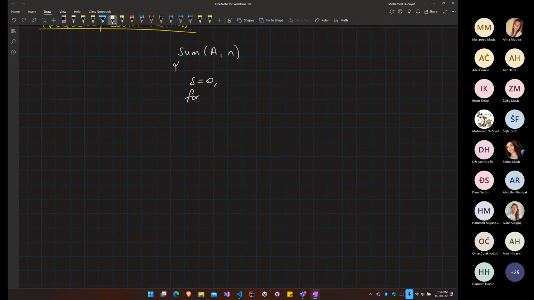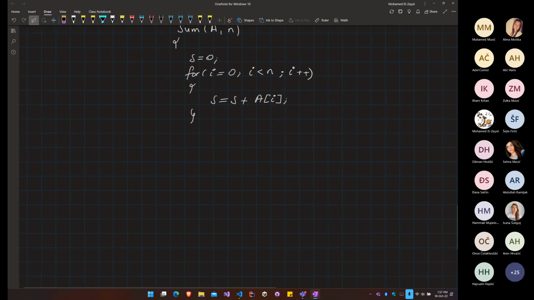For i equals 0, i is less than n, i plus plus. And then right here, this is something you would write in C++ or C#, s plus equals a of i.